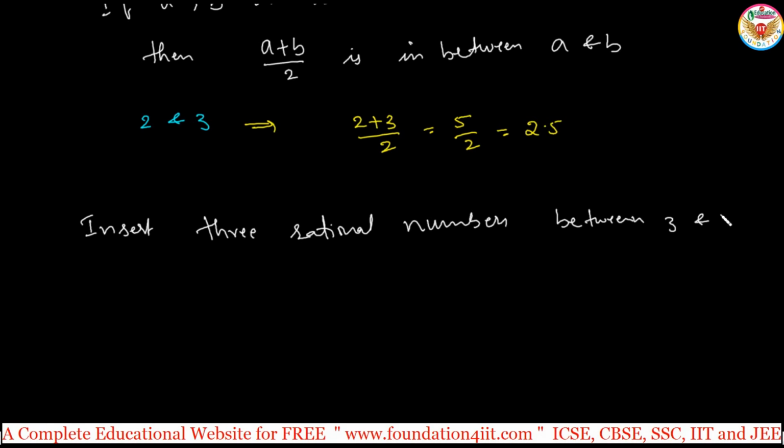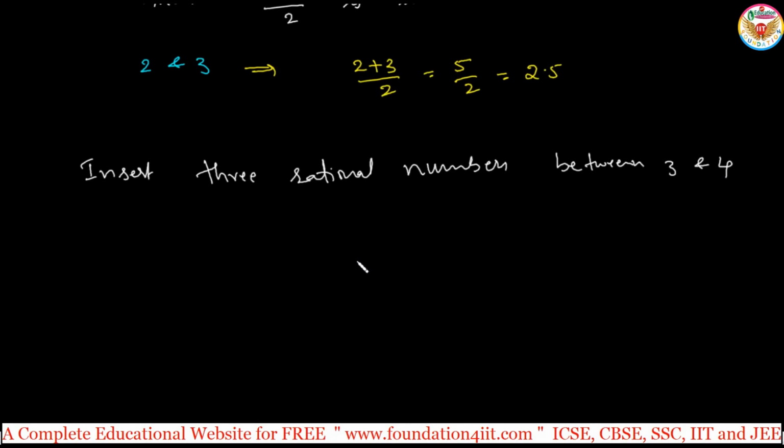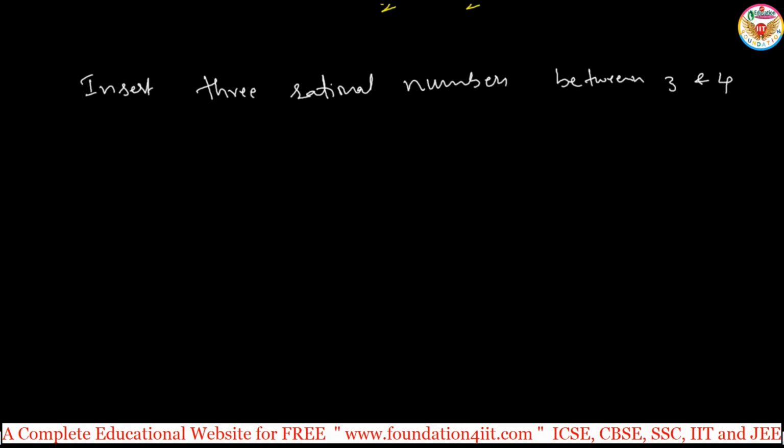According to the method, the given numbers are 3 and 4, right? 3 comma 4. First let us find one number in between.